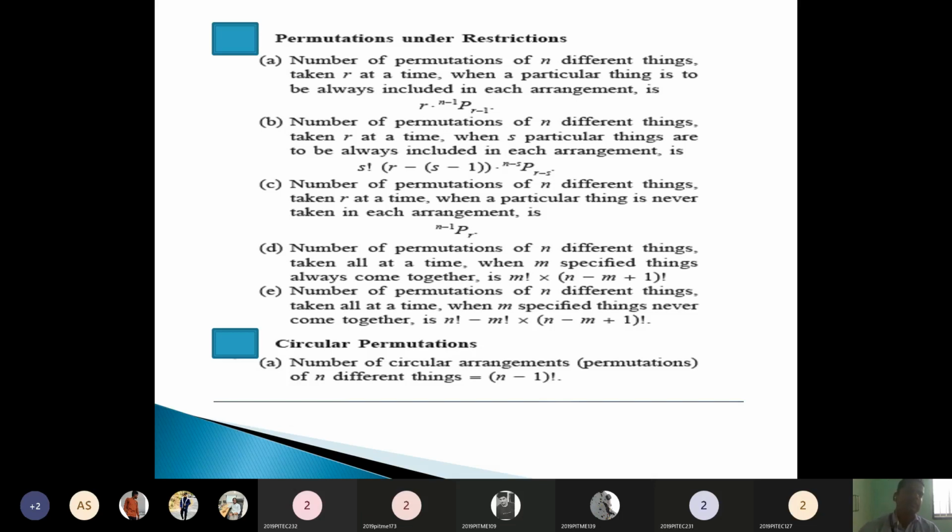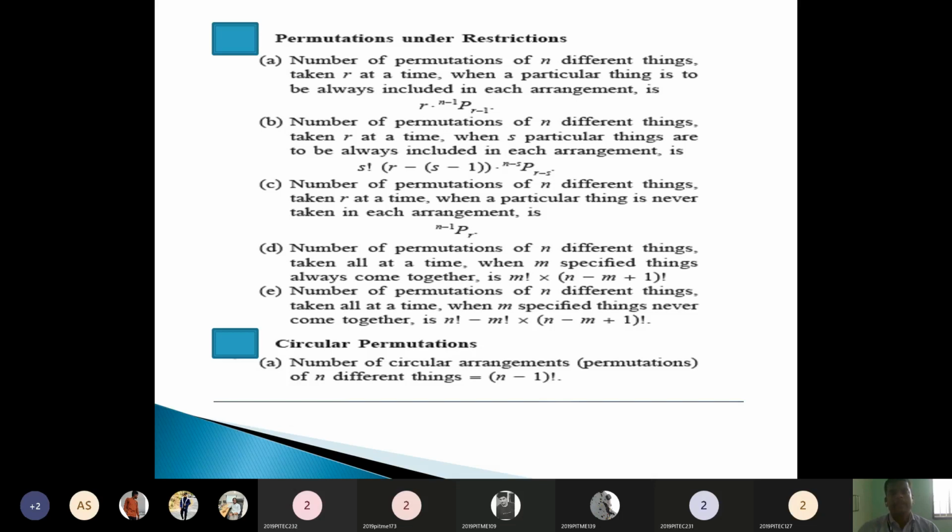So that means n minus 1 P r minus 1. If you take it as 1, it means 1 into n minus 1 P r minus 1. So total n objects, take r at a time, and one particular object is compulsory. For that, how many different ways of picking one particular object? That is nothing but 1.